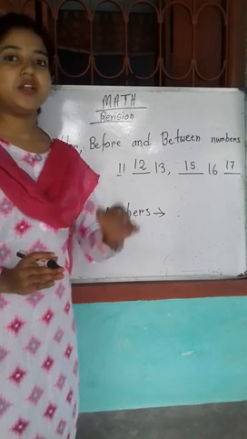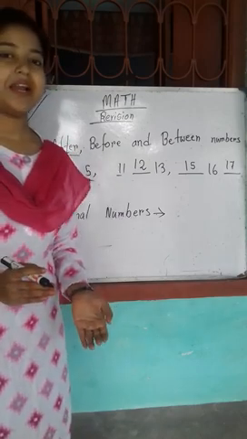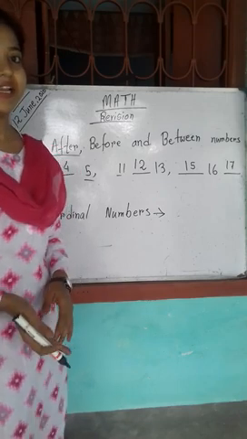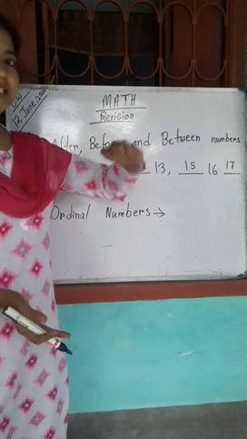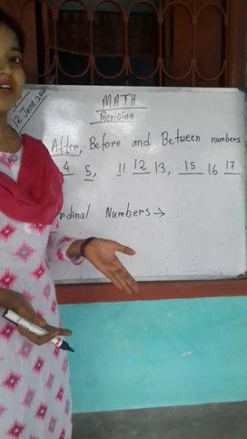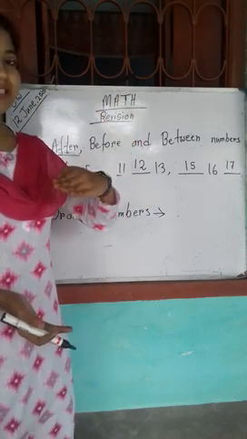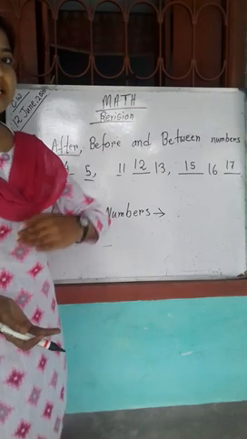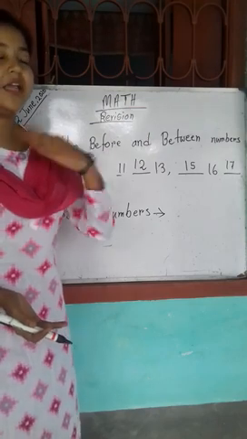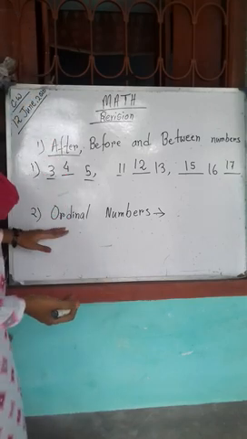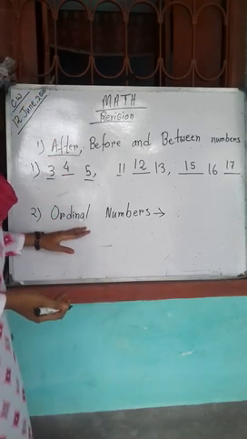When you participate in any game or race or activity, there are orders, like who will complete first, we will call it first, and then second, and then third. This is how orders are maintained in any program or activity. Those are called ordinal numbers.